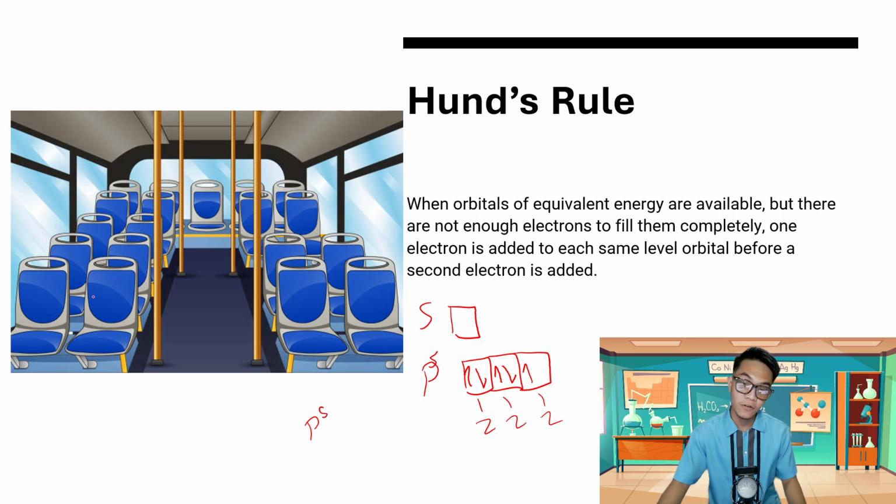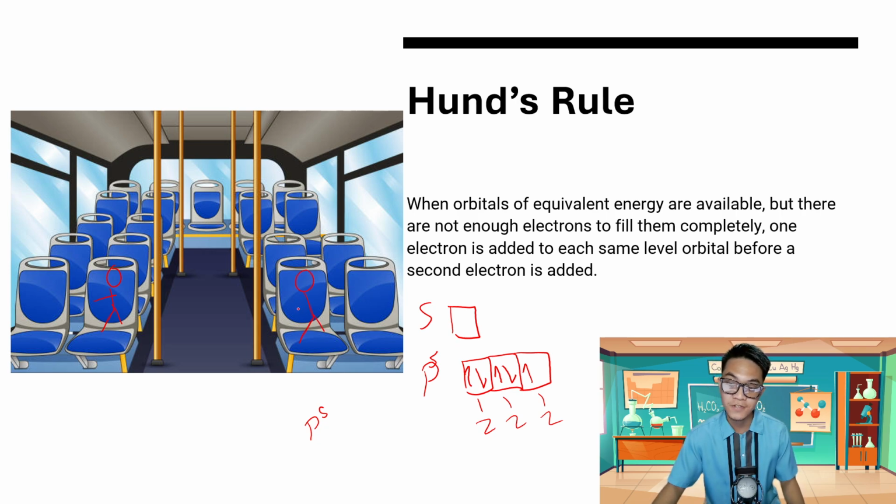So similarly, in the picture that I have here, just imagine you are boarding a bus on your way to school, and when you arrive, you're the first one to sit on the bus. So of course, you'll be sitting on an empty seat. Now another kid rides the bus.